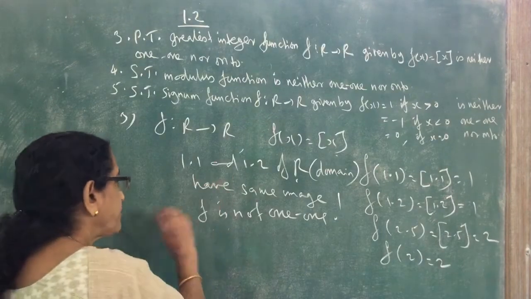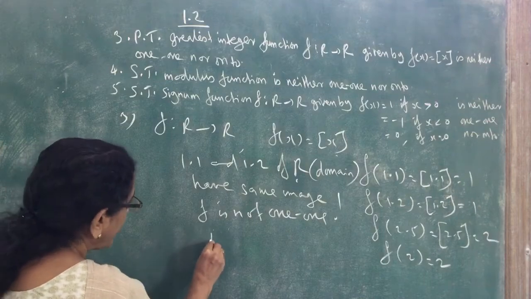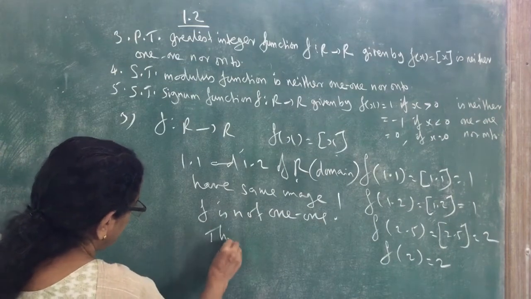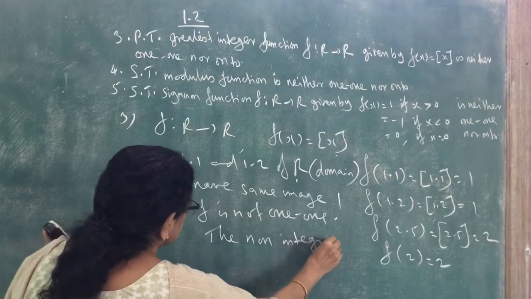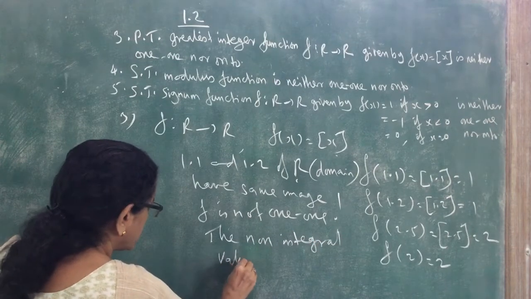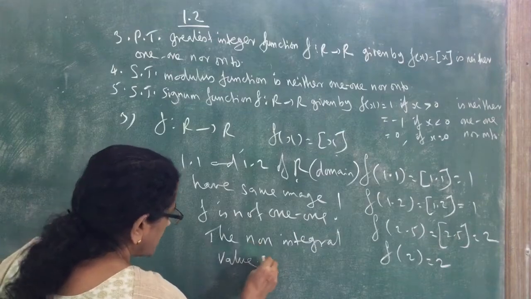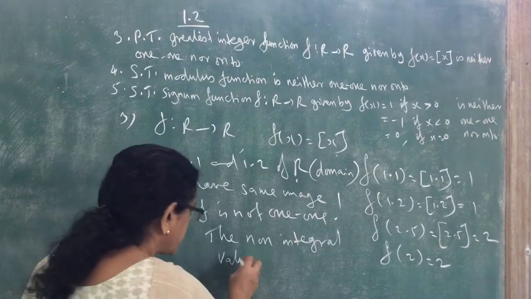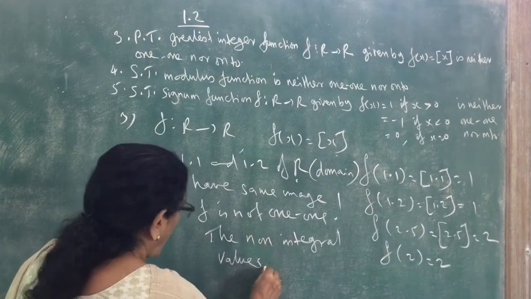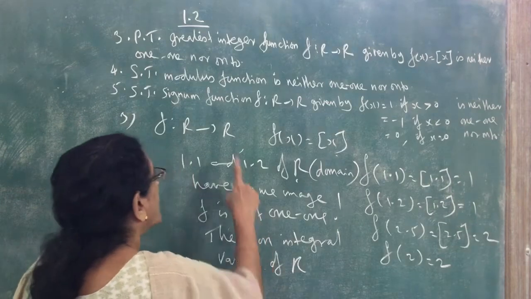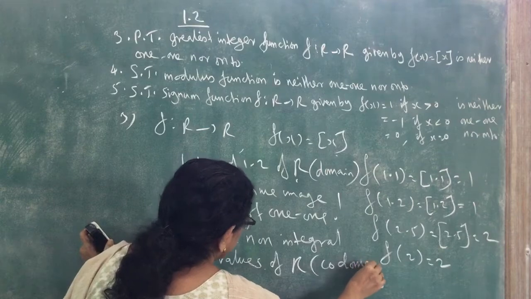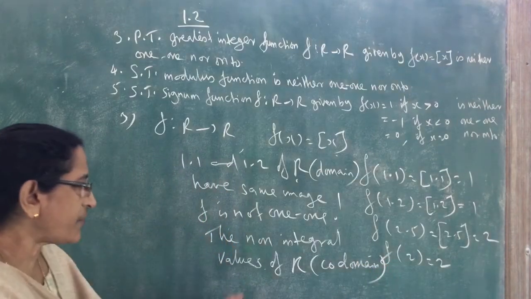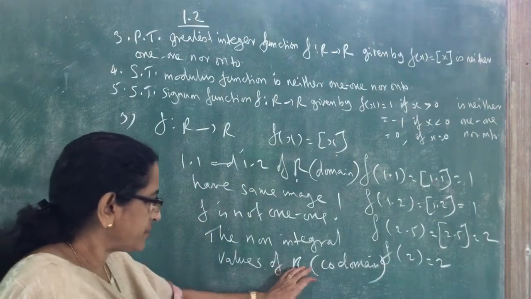So we can write the non-integral values, or non-integral numbers, of R which is the codomain.